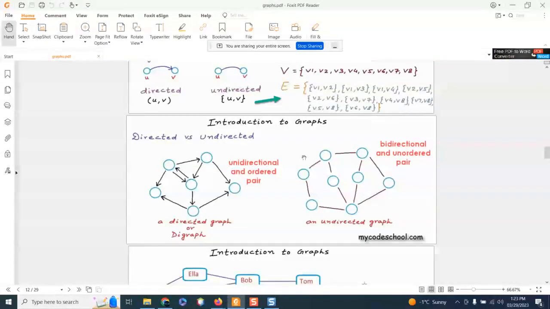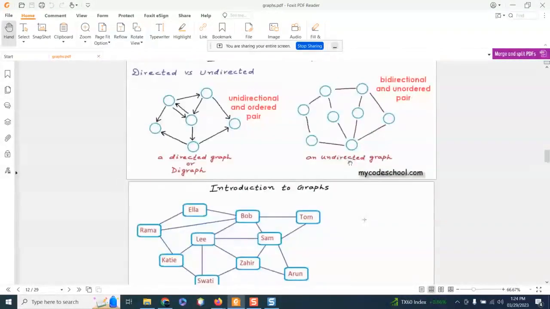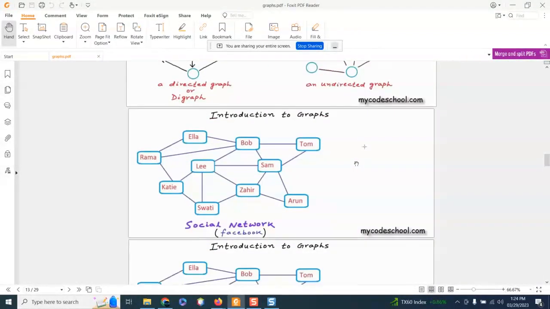But just think of that in this graph. The implementation of a graph is not limited to bidirectional unordered pairs. What else can we think of the graph?